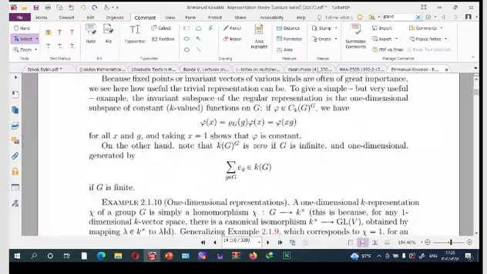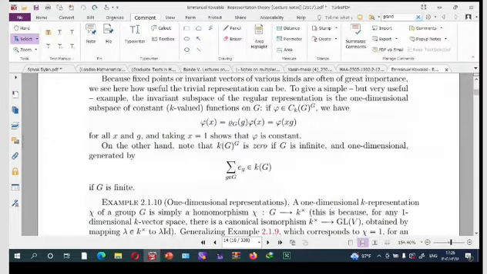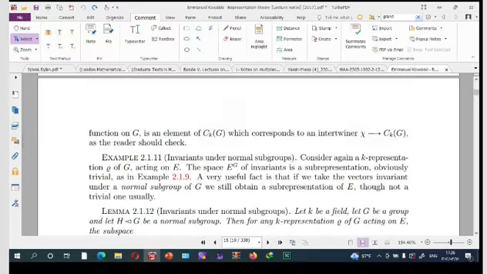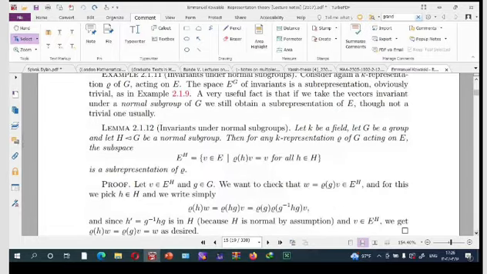It is a bijective identification. And also we have this lemma.